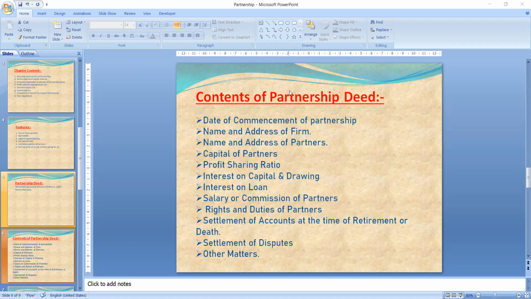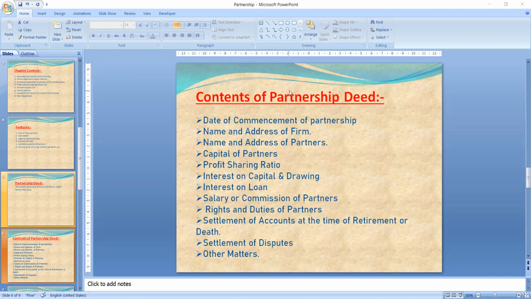Next point is interest on loan. Here it means interest on partner's loan. When a partner introduced capital in business, sometimes business requires more funds. So instead of going to the bank, partnership firms receive these funds from partners.